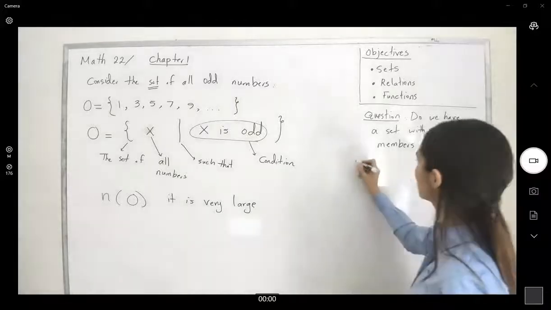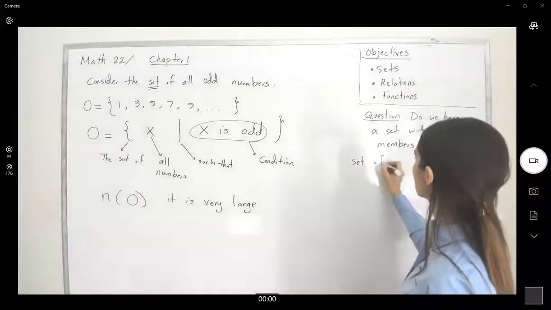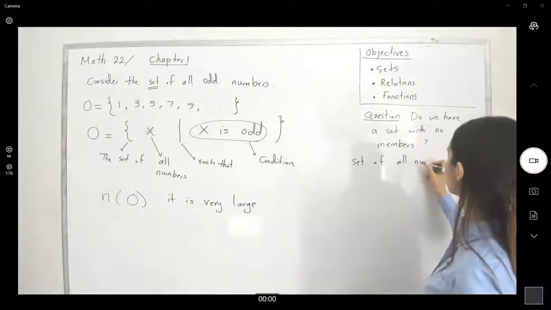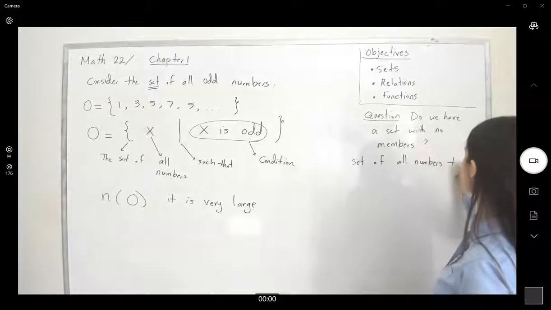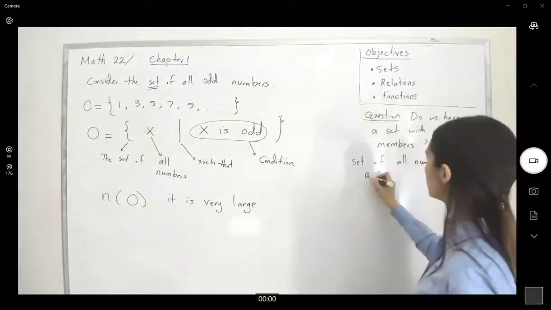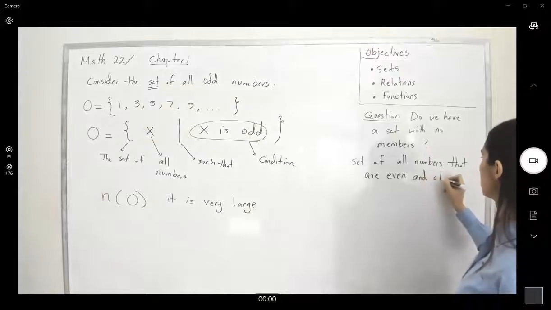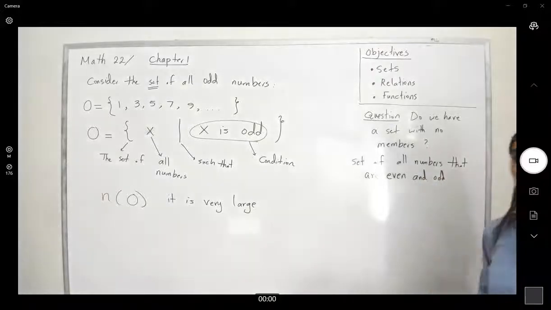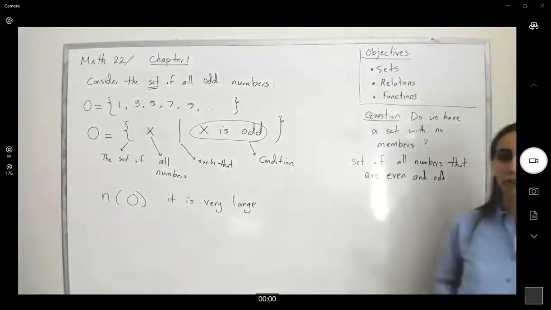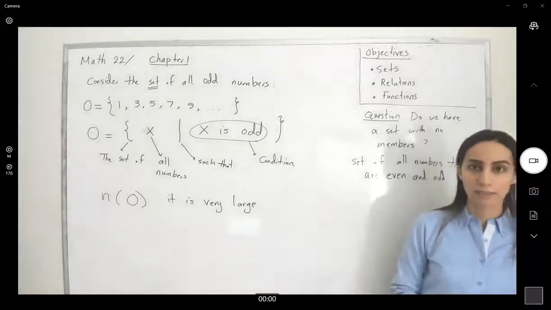For example, the set of all numbers that are even and odd at the same time. Do we have a number that is even and odd at the same time?